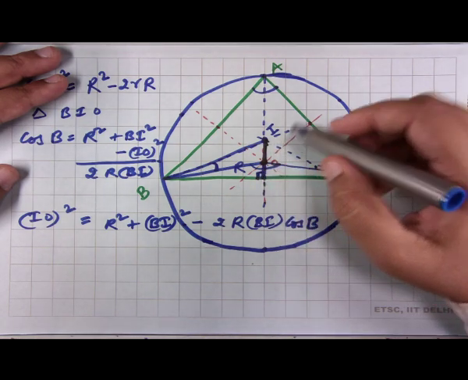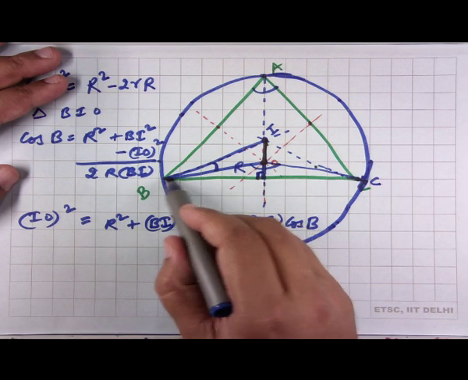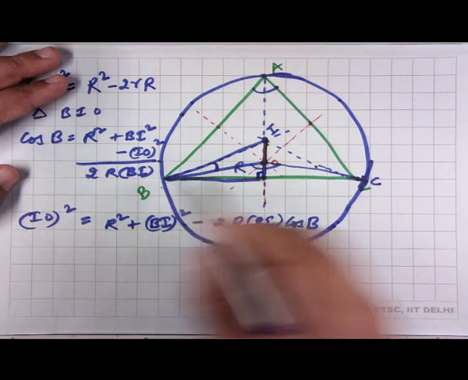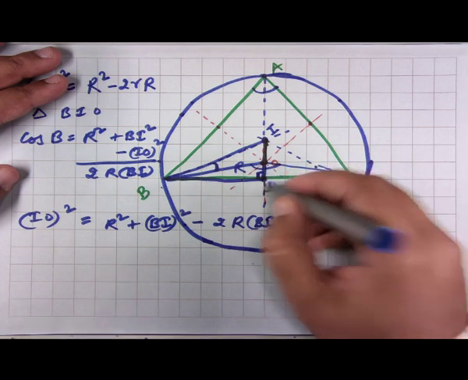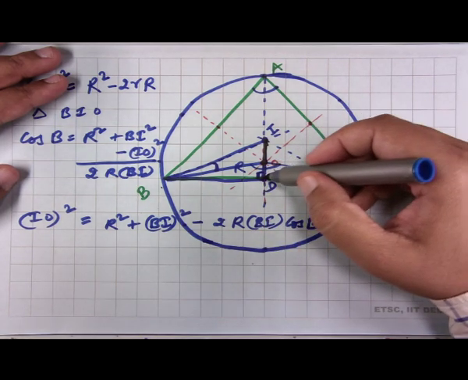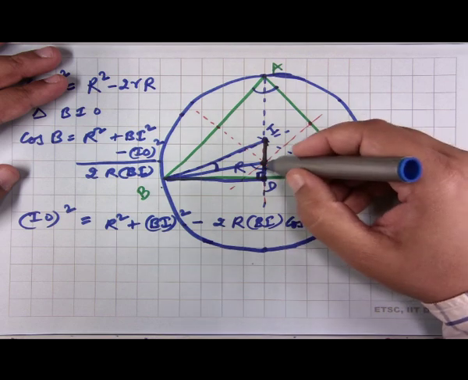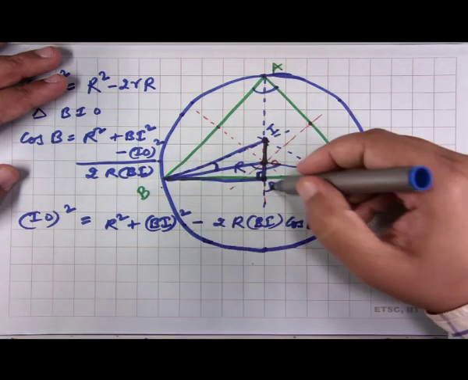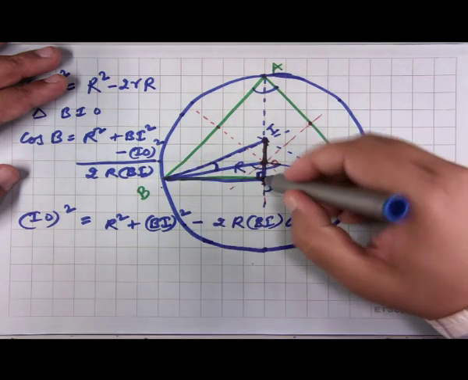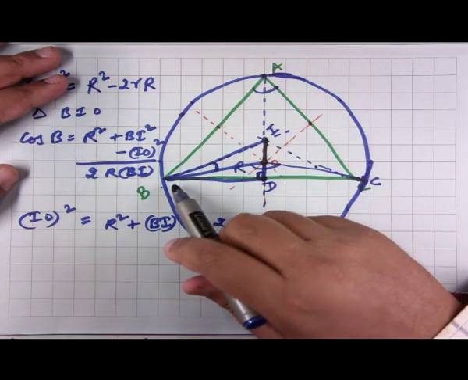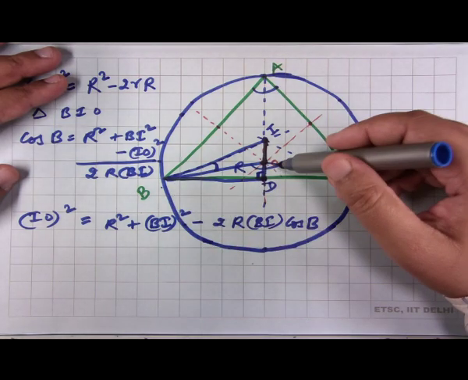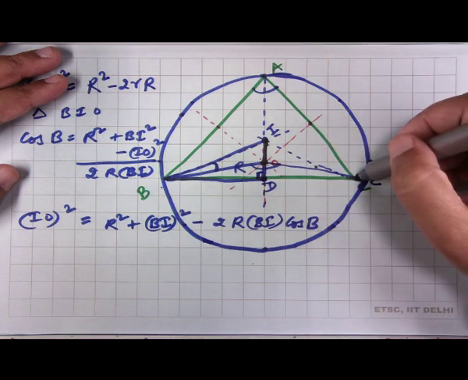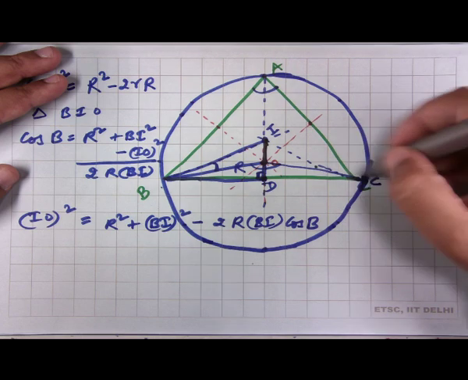Let us say that this point where the perpendicular from the point O meets the line BC is the point D. We can show that the triangle BDO and the triangle ODC are congruent, because OB is equal to OC is equal to R, since OC is also the circumradius.